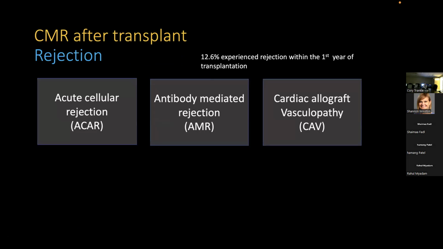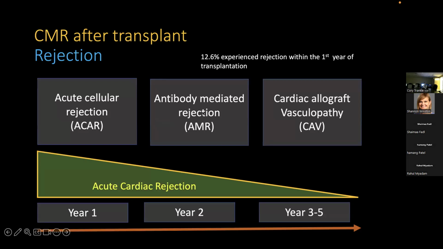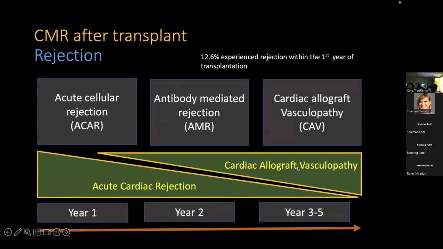We have two types of rejection, the acute cellular rejection and the antibody-mediated rejection. 12.6% of heart transplant patients experience rejection in the first year of transplant, but the incidence decreases over time. Despite that, the risk of cardiac allograft vasculopathy increases over time.